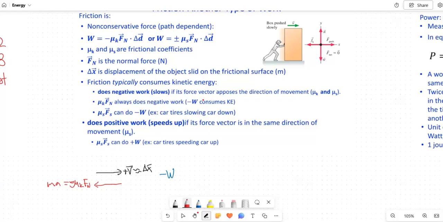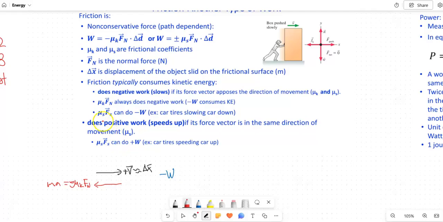For example, you push a cardboard box on the floor and let it go, it'll be brought to a stop by kinetic friction. That kinetic friction will consume its kinetic energy. Now, static friction can speed you up or slow you down.